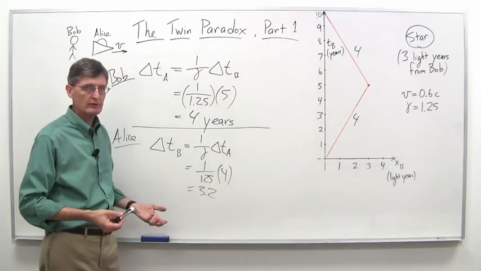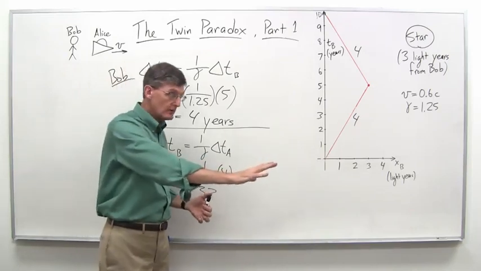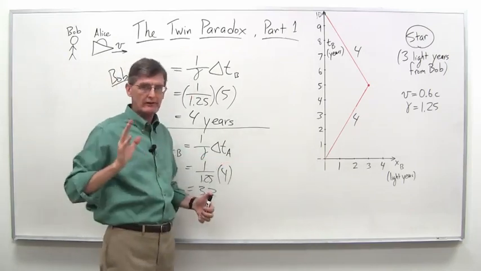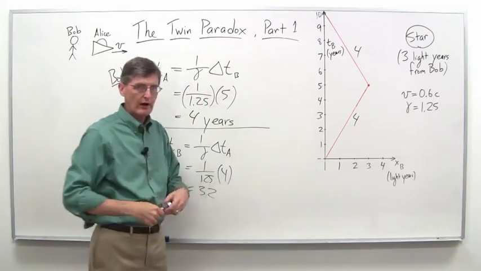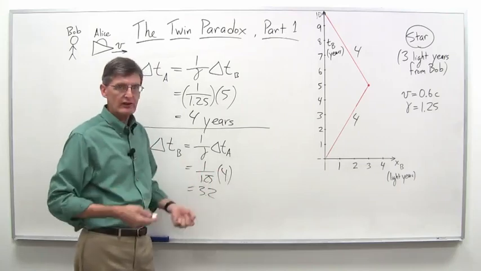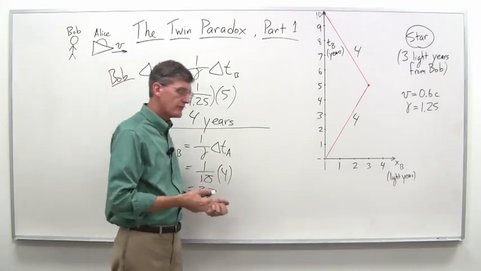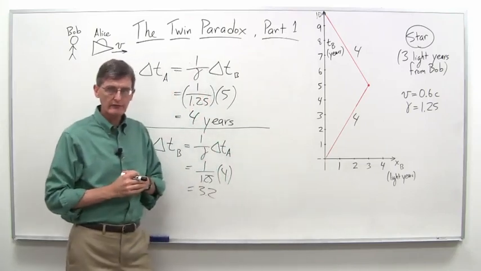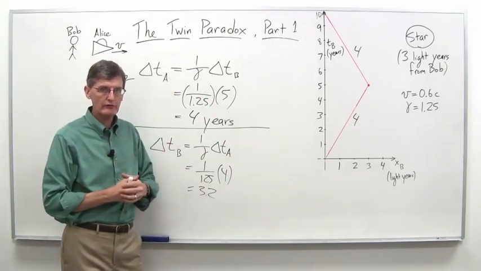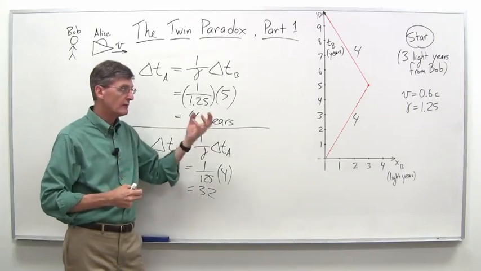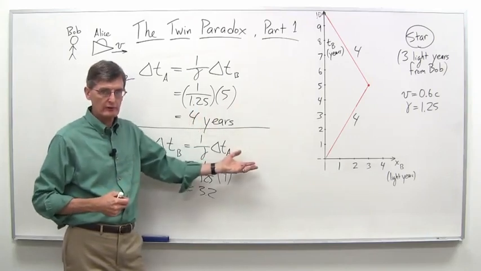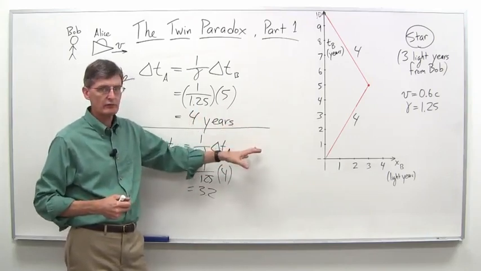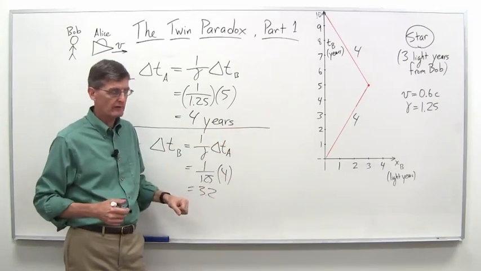And to change direction means she has to decelerate to 0 and then accelerate again, or sort of go in a loop. So however she does it, she's accelerating. And as we mentioned before, the special theory of relativity only works for inertial frames of reference when you have constant velocity motion. And so it seemed that just throws the whole thing out the window, that we cannot analyze this situation using the special theory of relativity.